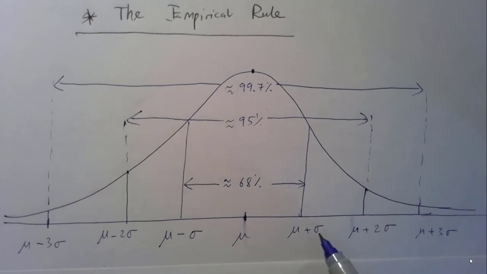If I add sigma, I move 1 standard deviation above the mean. If I subtract 1 sigma, I move 1 standard deviation below the mean. This is minus 1 standard deviation, this is plus 1 standard deviation, and therefore that interval right here is 1 standard deviation above and below the mean. 68% of the population will lie inside that interval.